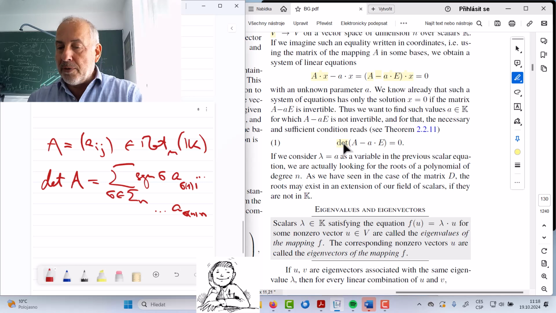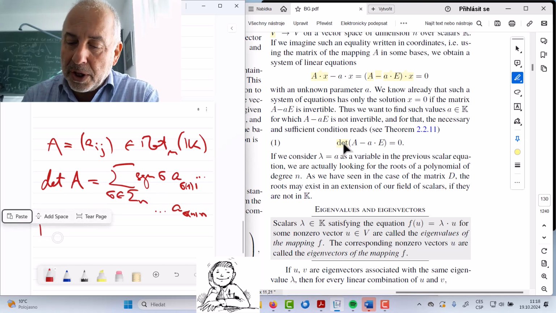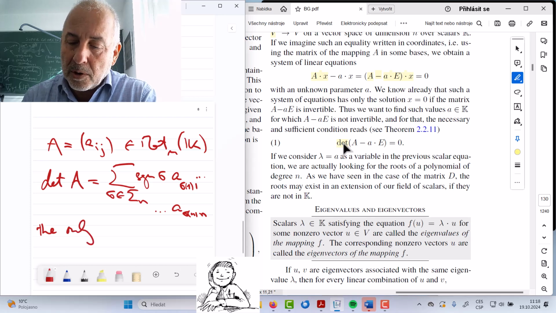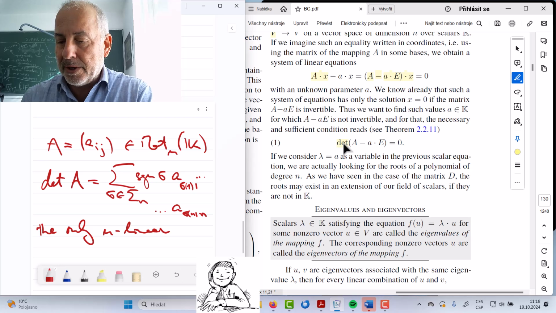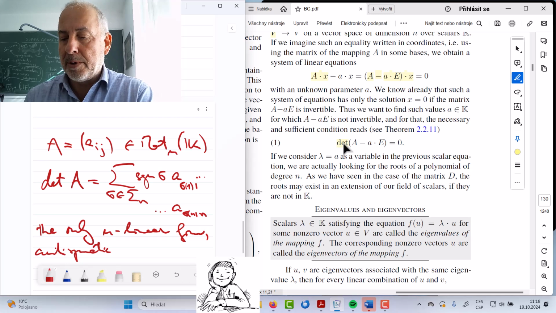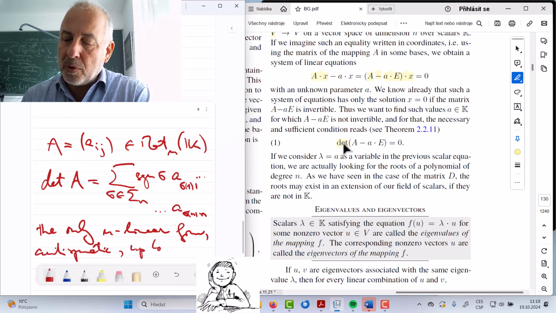So that's the only way, and this is the only n-linear form which is antisymmetric, and it is up to a scalar, right?